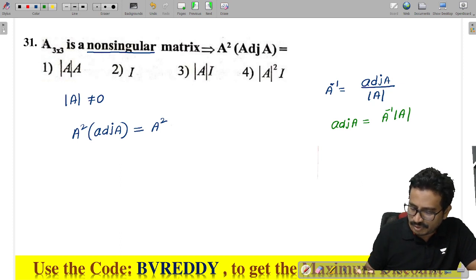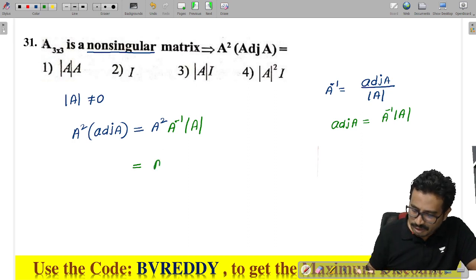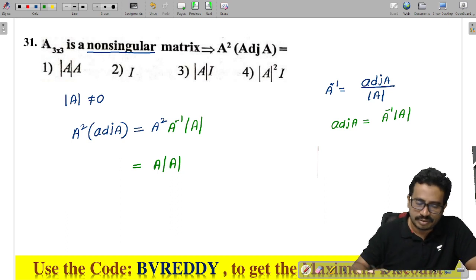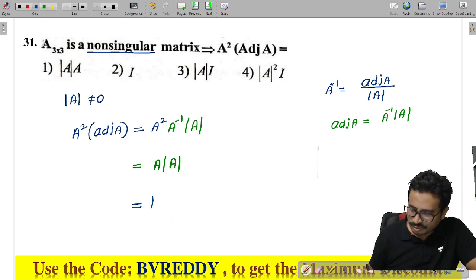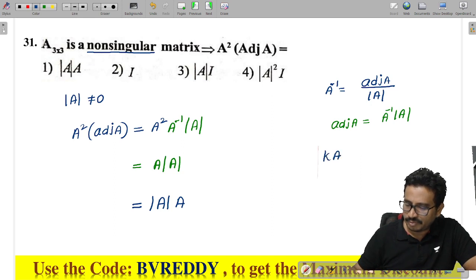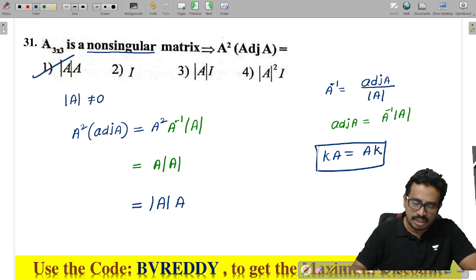So I can replace it here with A inverse into det A. So A into A inverse, which is the identity matrix, becomes A into det A. As we know, the determinant of the matrix is a constant, so this is also equal to det A into A. K into a matrix is nothing but A into K, multiplying with K, which is a constant. So option 1.